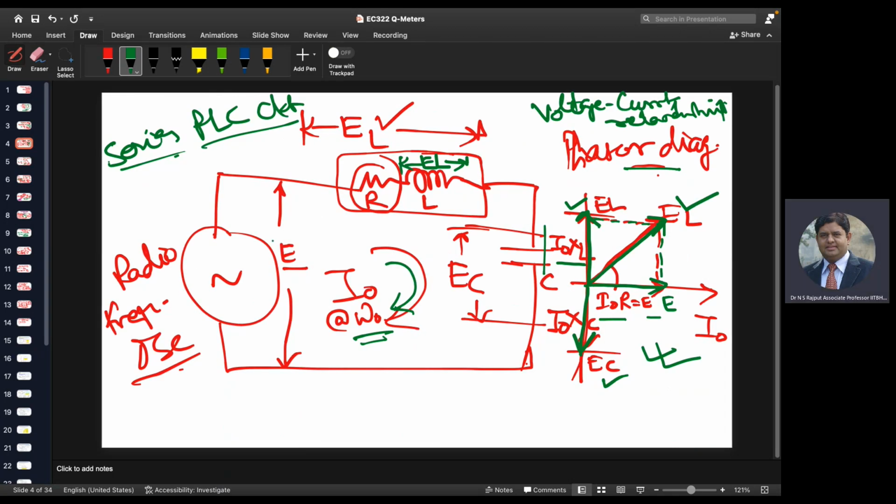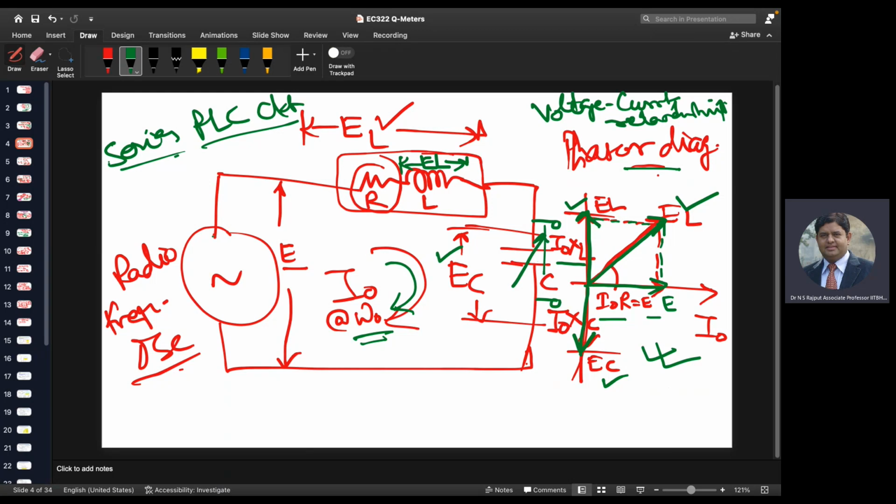In a circuit like this, you can see we have applied a voltage E. We varied this capacitor value such that it reached its highest value at resonance, because the highest voltage generated across the capacitor will occur only at resonance frequency. So EC is the voltage appearing across the capacitor, and I can call it the output voltage.